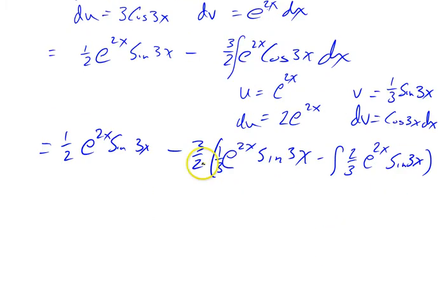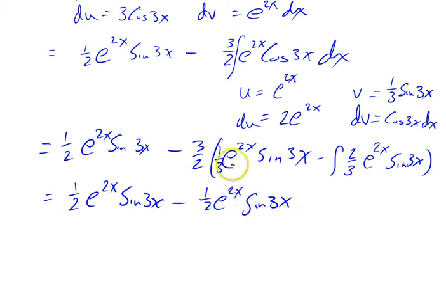All right, let's distribute this negative 3/2 in there. So I've got 1/2 e to the 2x sine 3x minus, the 3's will cancel out, 1/2 e to the 2x sine 3x plus, actually the 3/2 and the 2/3 completely cancel out there, plus the integral of e to the 2x sine 3x.